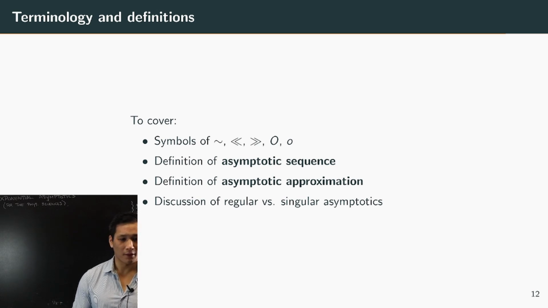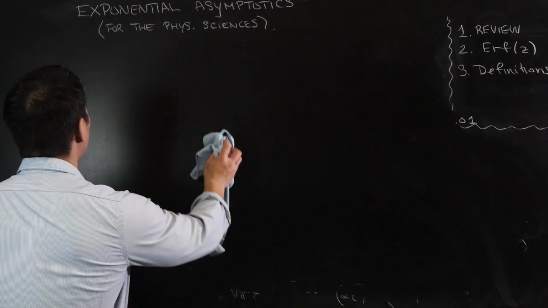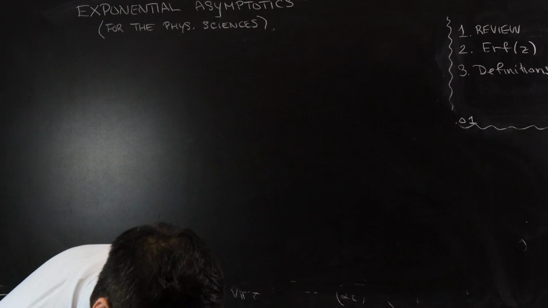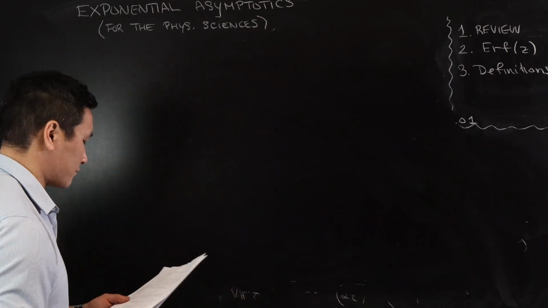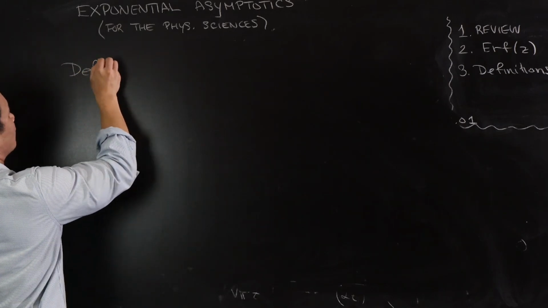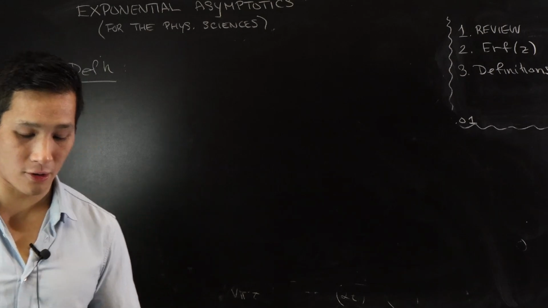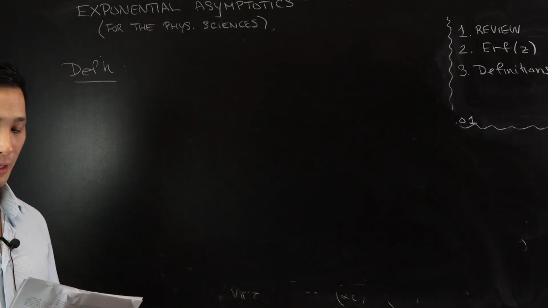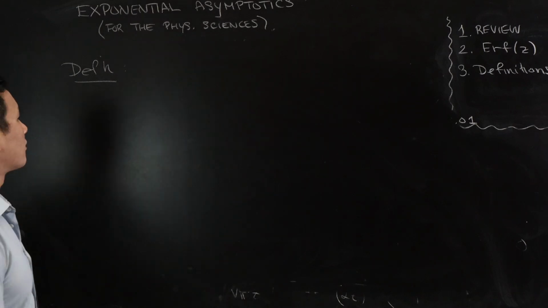Okay, so let's start with some definitions. I should say that the notes for this lecture, I should put online once I get my act together, and then you'll be able to find it at some location.